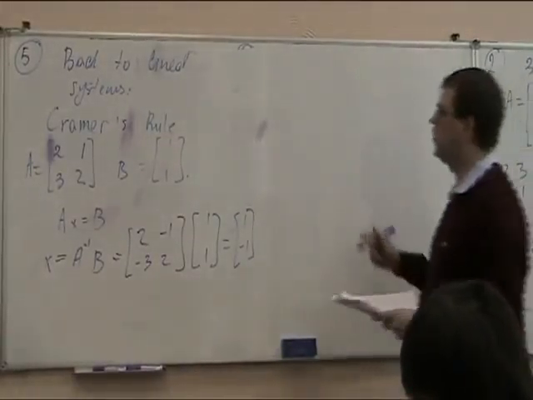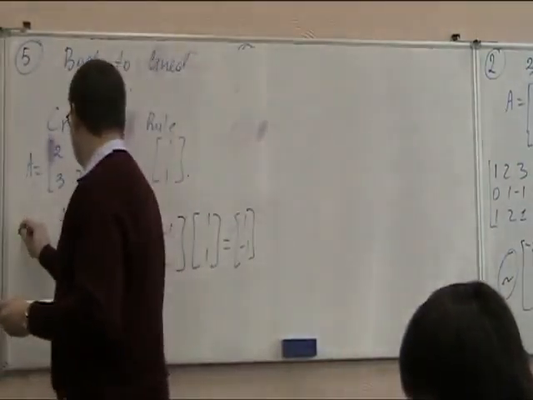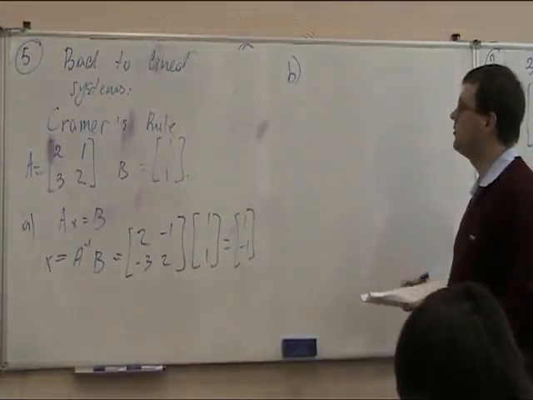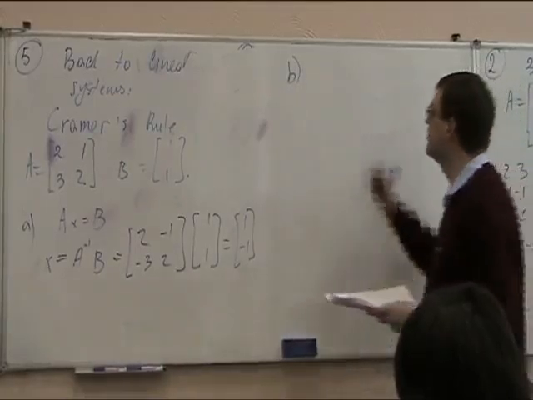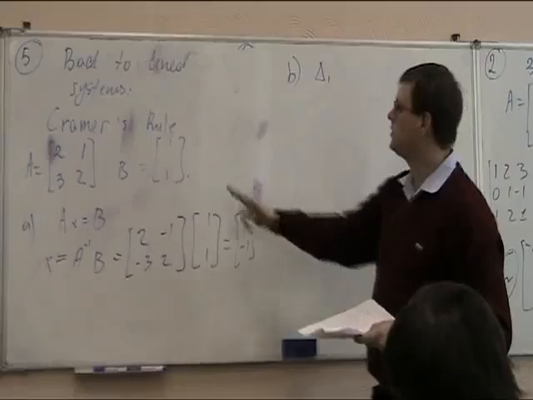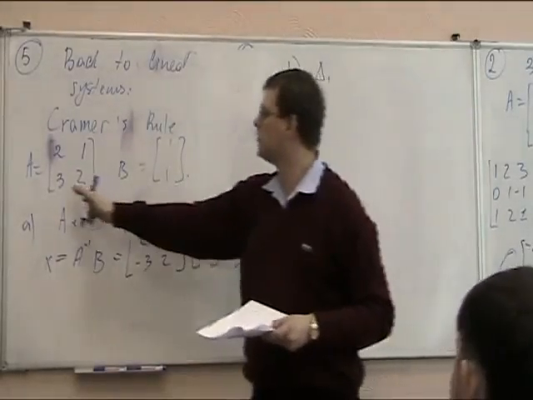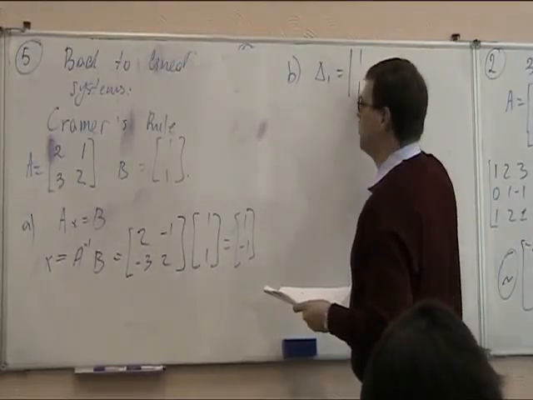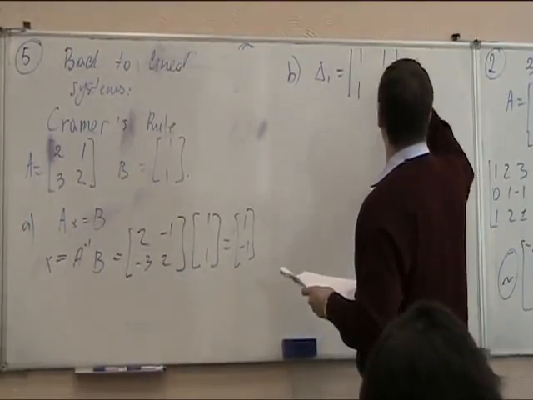This is the first way, way A. The second, way B, is to use Cramer's rule, and here we have to calculate a few more determinants. The first determinant is when we substitute this column into this matrix, which basically means this is 1, 1, 1, 2.